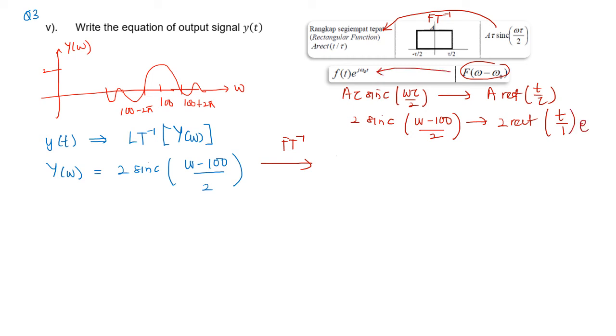So multiply with e^(j omega naught t). Your omega naught in this case is equal to 100. So therefore your y(t) is equal to 2 rectangular t multiplied with e^(j100t).